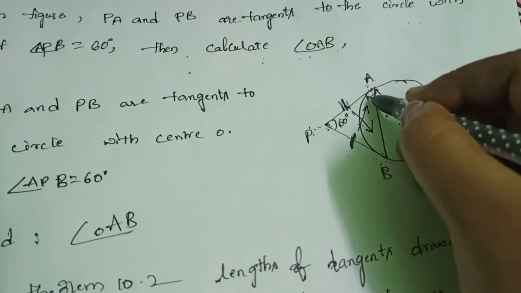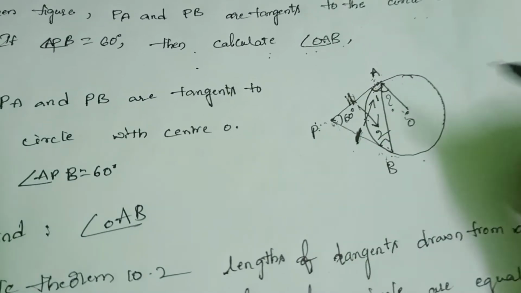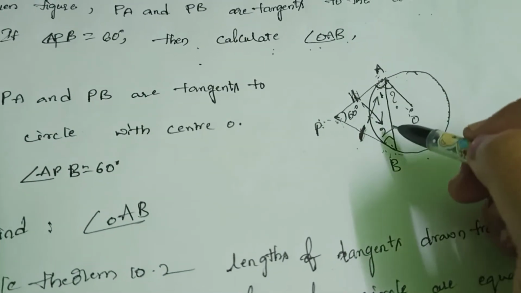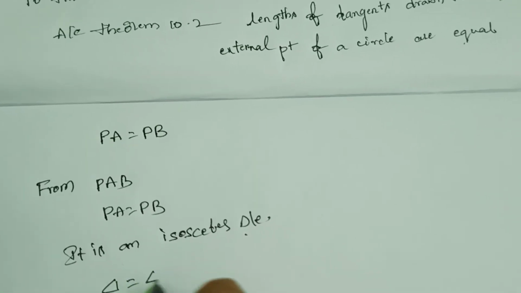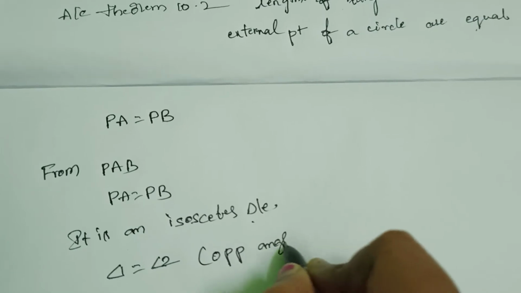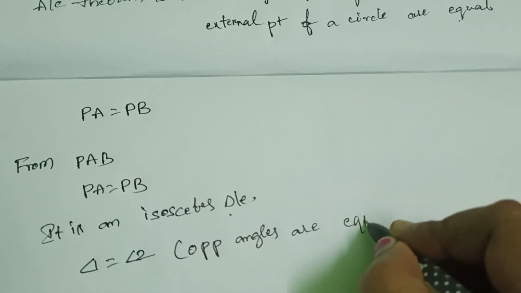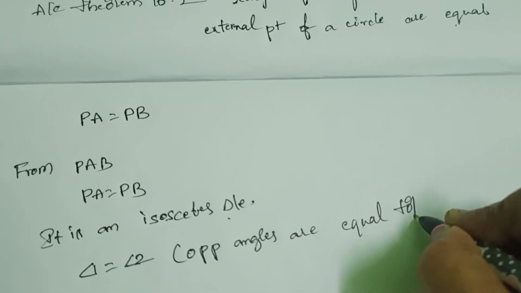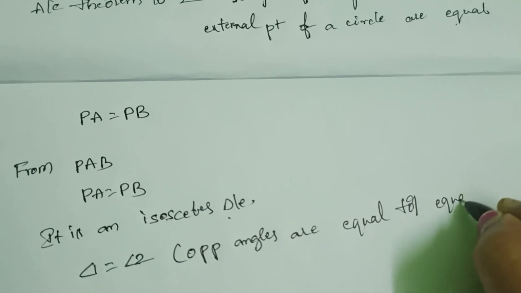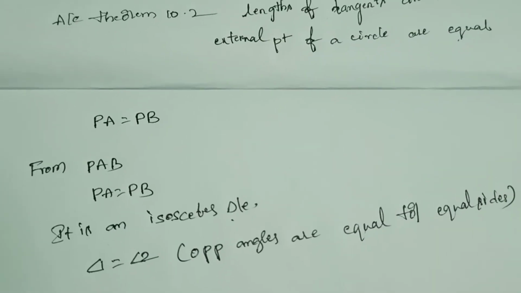This angle and this angle. Suppose this is angle 1 and this is angle 2. Here angle 1 equals angle 2. Opposite angles are equal for equal sides in an isosceles triangle.